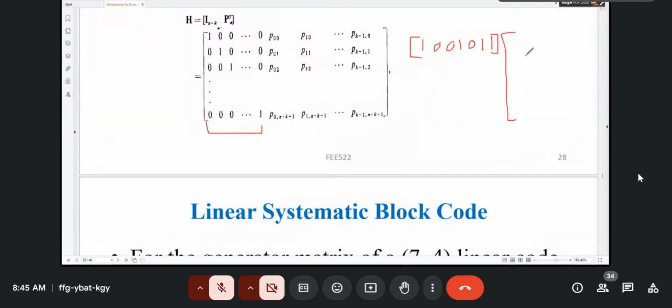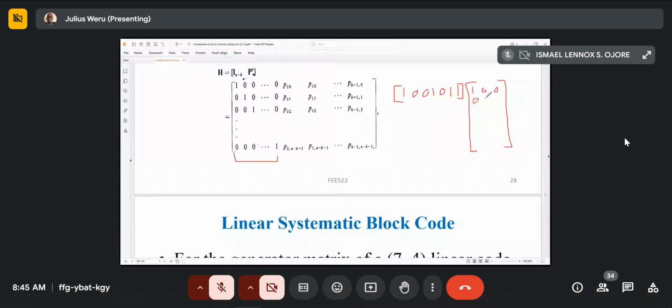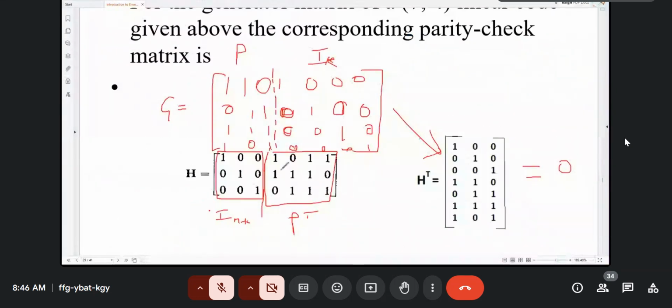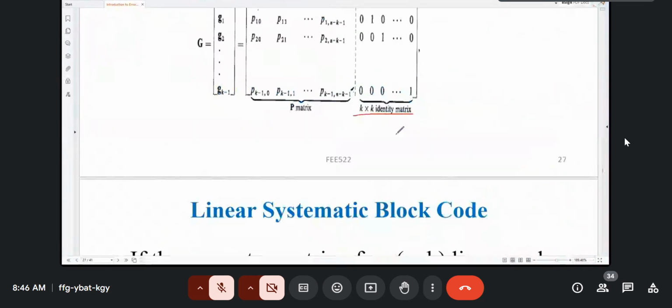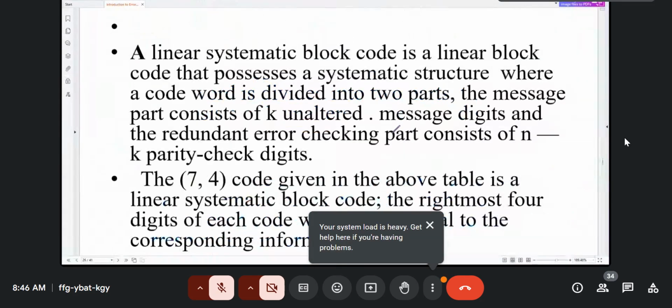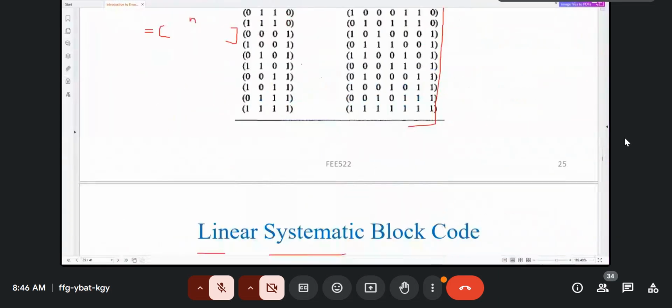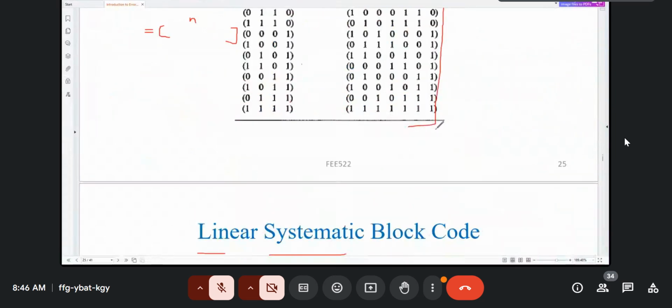Let's use the matrix. It must be starting with 1 0 0, 0 1 0, 0 0 1. Because when you put H transpose, this becomes P transpose.